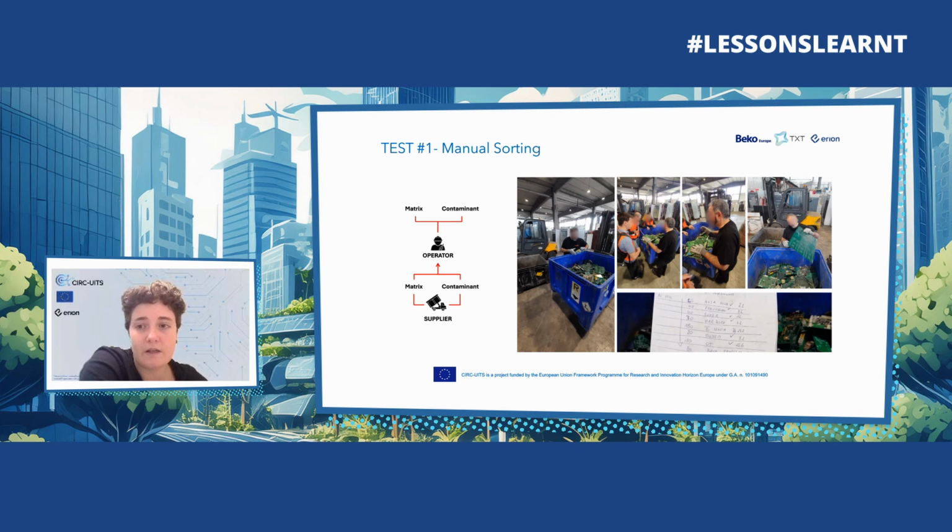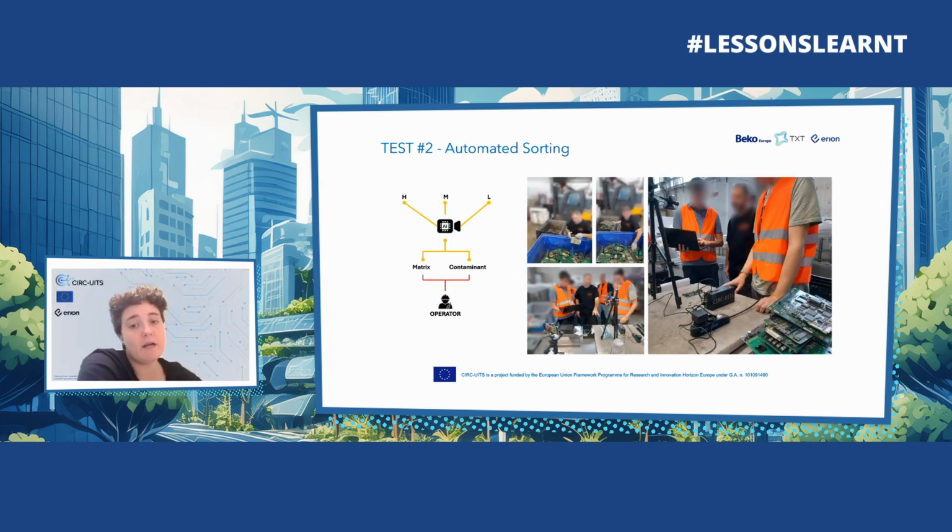The first one was the manual sorting, which allowed us to establish the starting point, and then the AI sorting, with which we examined the same batch that the manual sorter was examining, so we could compare the performance and learn how to improve the algorithm's functioning.